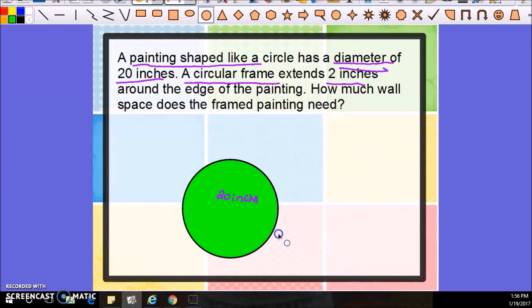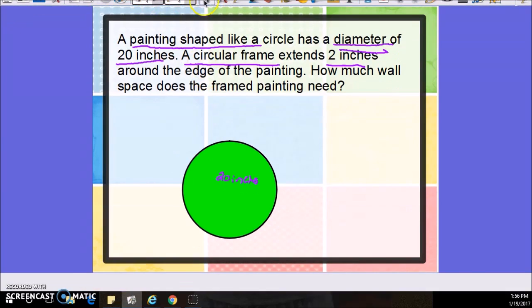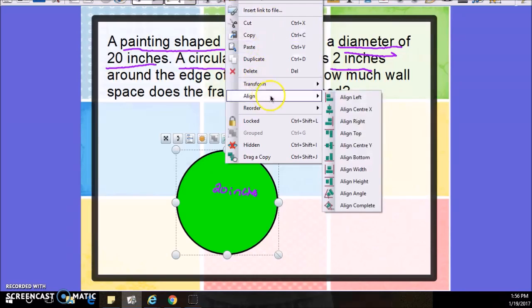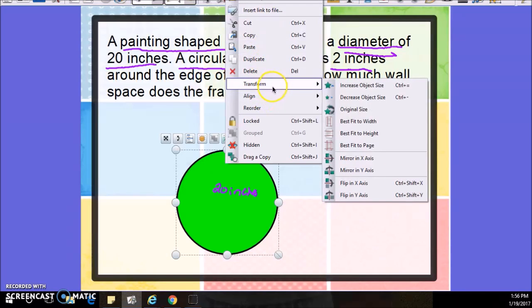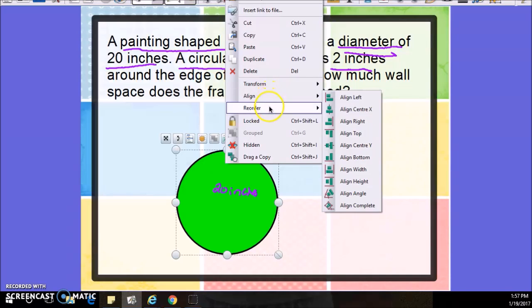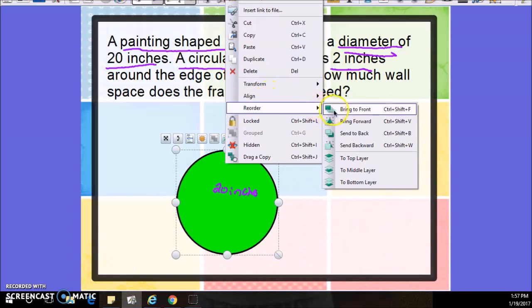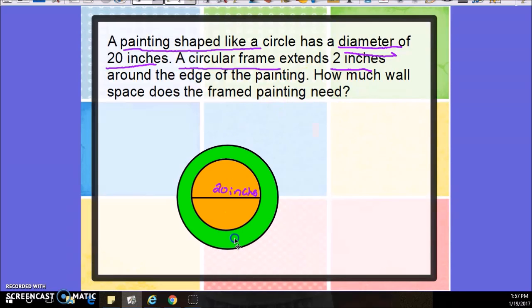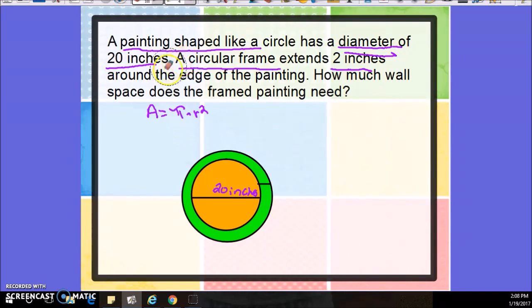So we have the circular shaped painting, and then this is the frame that extends 2 inches.